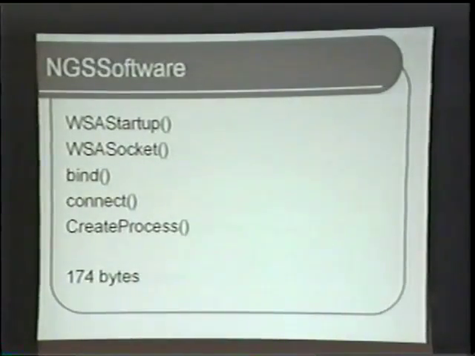If the vulnerable program has already called WSAStartup at some point in its execution, we don't actually need to do this. But we're not sure whether we're necessarily dealing with a WinSock application on the remote end, so it's probably safer to call WSAStartup unless you know you're specifically targeting something that does. We then call WSASocket, pass it to bind and connect, and pass them as handles to CreateProcess, and we're down to 174 bytes.